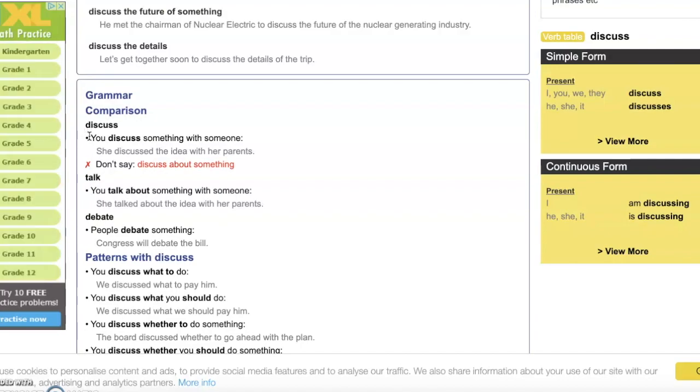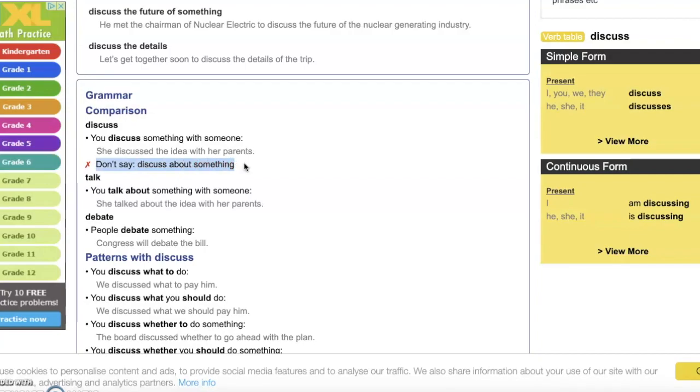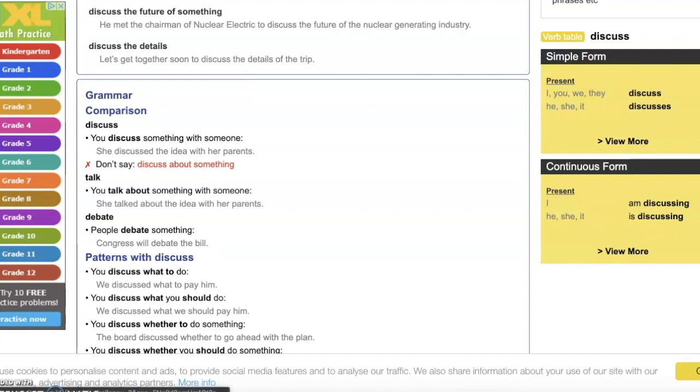So it says, don't say discuss about something. Just say to discuss something. So these common mistakes might be the same types of mistakes that you are making in your usage of English as well. So you better be on the lookout and make sure you don't make these mistakes in the future.